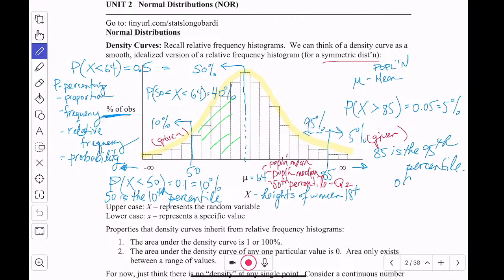Or you can call it the top 5th percentile.